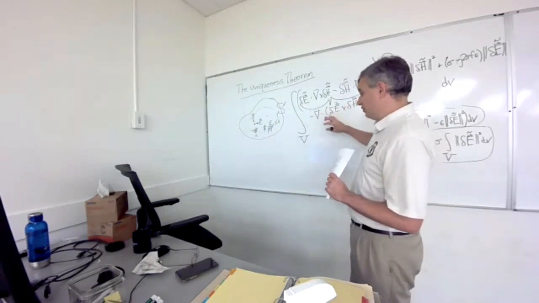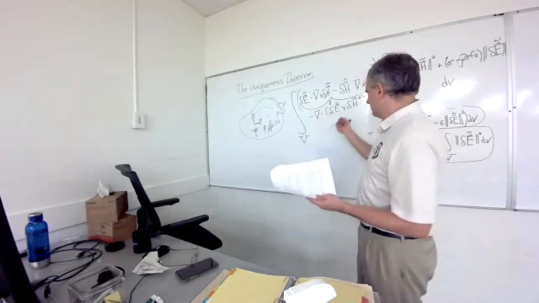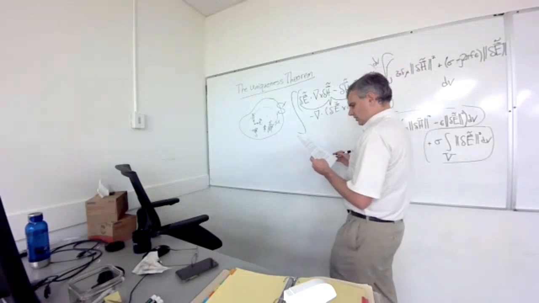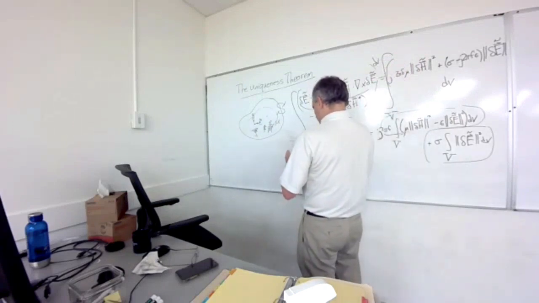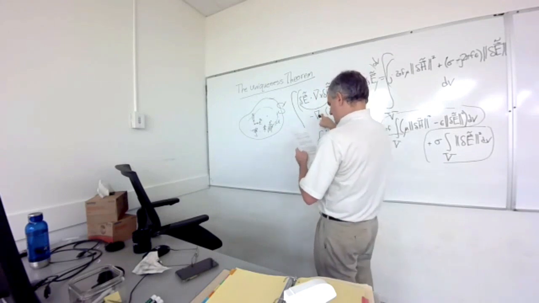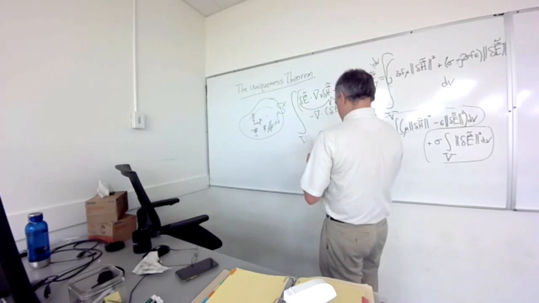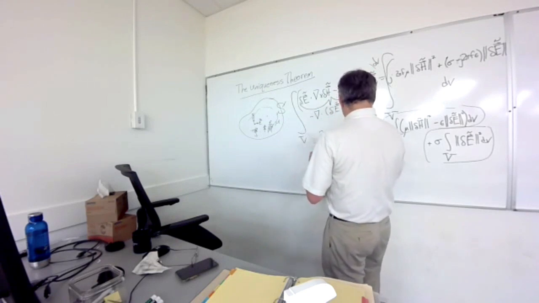Here, we're using the exact same mathematical principle, but with a different set of vectors, this kind of weird cross product. So here we've got the cross product integrated over the closed surface according to Gauss's law. That is equal to delta E cross delta H complex conjugate dotted into dn.